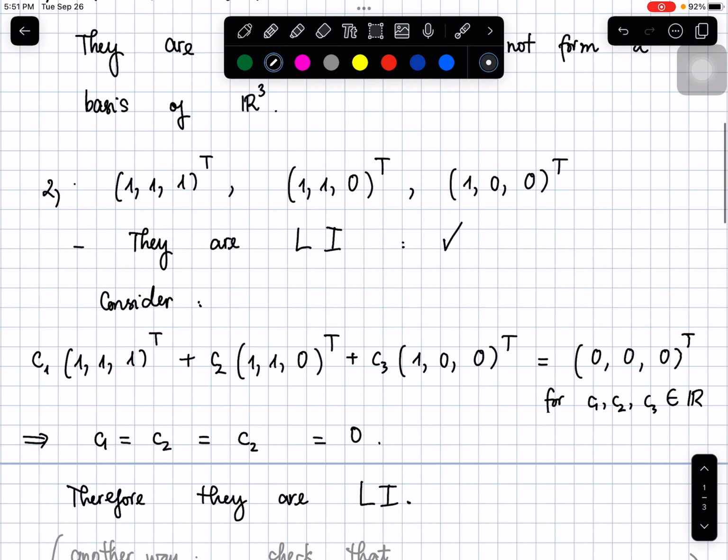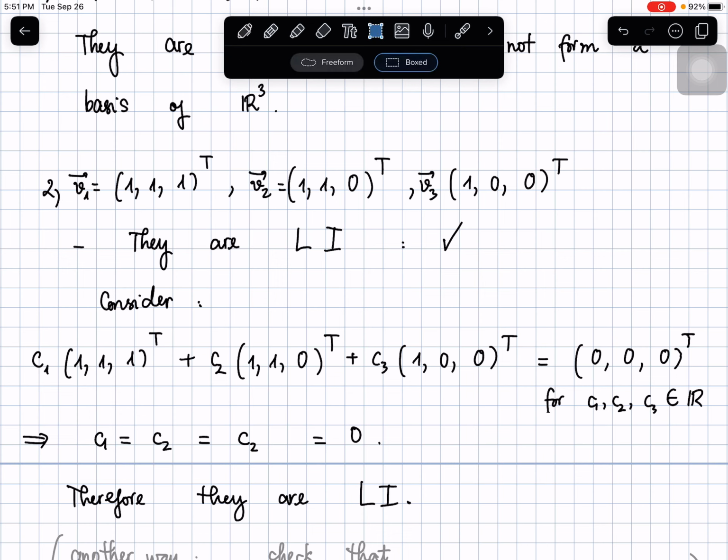So let me put here V1 is this vector, V2 is this vector, V3 is this vector.